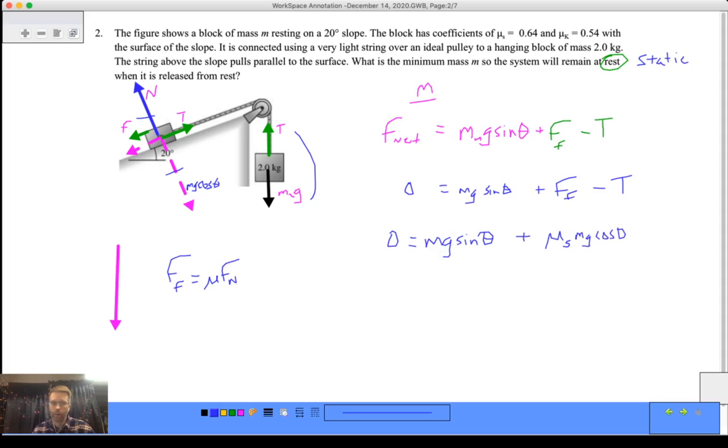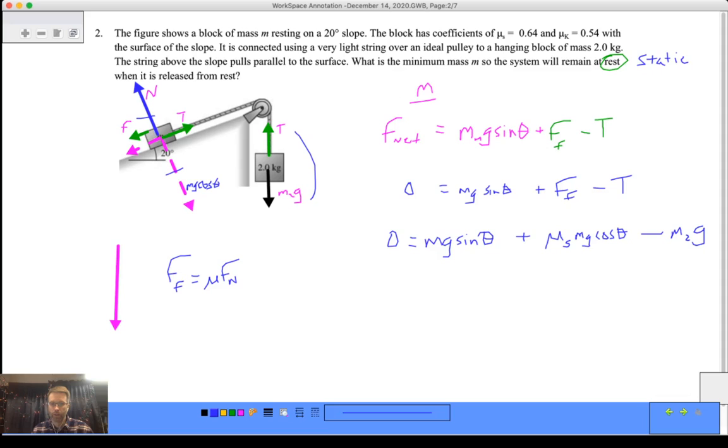And again, these m's are the mass up here labeled m. And then minus T, the tension, which we know is equal to m2g, which is really a 2 kilogram mass times g. So now what we are left with is a statement of equilibrium, and this whole thing only has one unknown. The only thing in here we don't know is the M value.